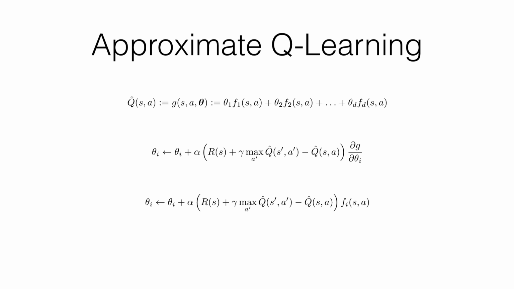But for the purposes of simplifying, if we think about just the linear form of G, like I wrote up on the first line, if the G function is just a linear function, then this partial derivative is just the function value. So this is the update you're going to use in your homework for computing an approximate Q-learning agent that's going to be able to play Pac-Man, even though the Pac-Man state space is really large.